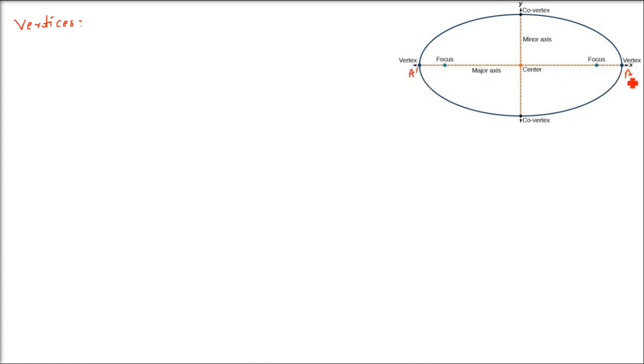So this is a vertex; when you take more than one, they are called vertices. This was 0, 0 as we assumed. This a will be a comma 0, and then a dash will be minus a comma 0. I am talking about a horizontal ellipse.